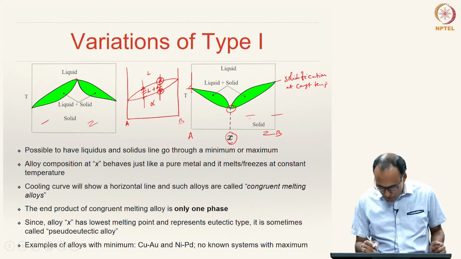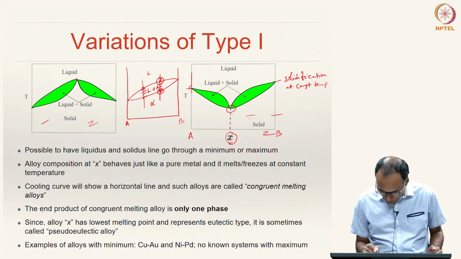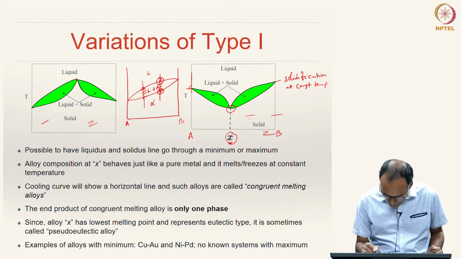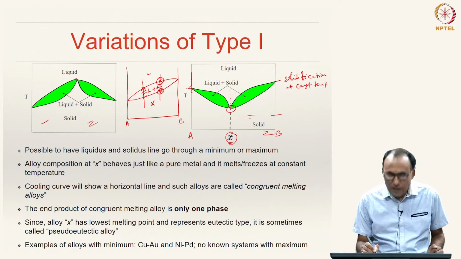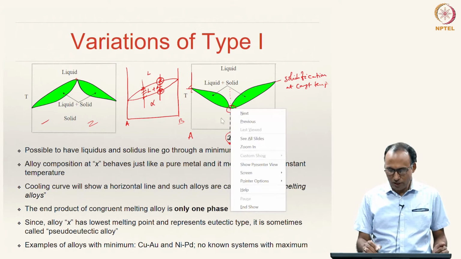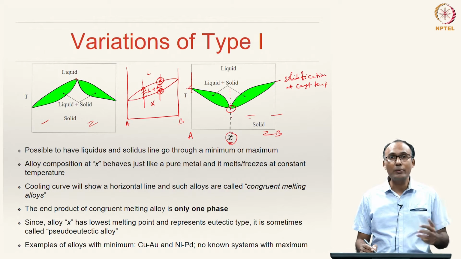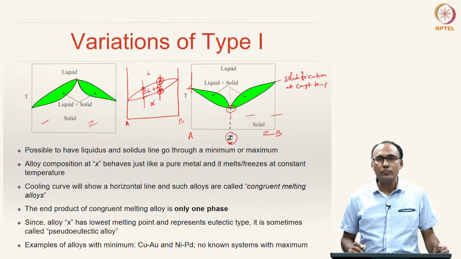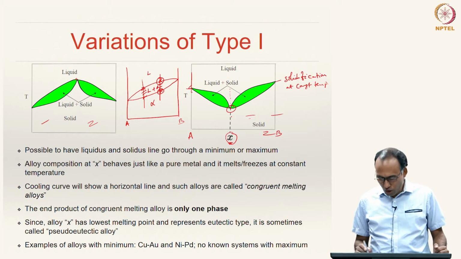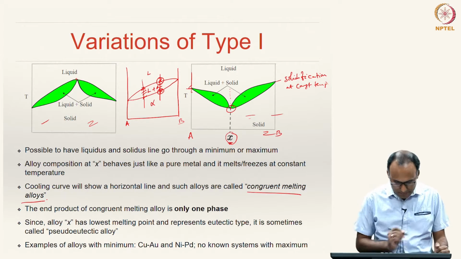Now, if you look at this special case of an alloy with composition X, again if you consider the solidification, it is starting and ending at the same temperature. That means it is behaving like a pure metal in terms of its solidification. Solidification is happening at constant temperature, and such alloys are called congruent melting alloys.